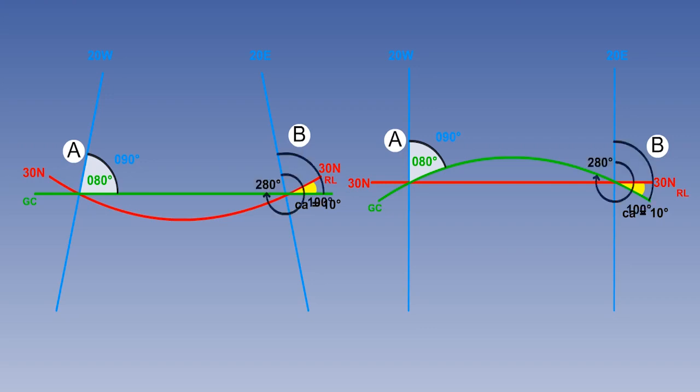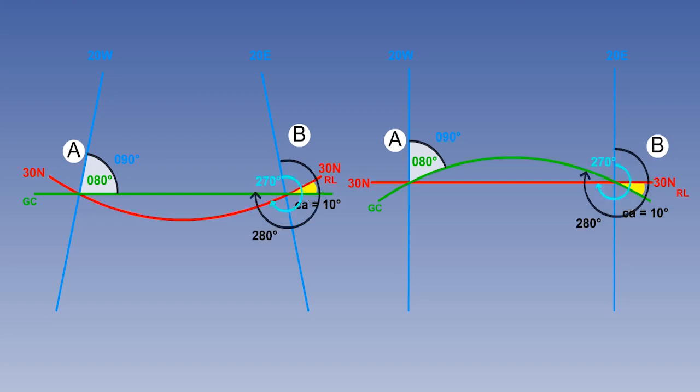If we take the reciprocal tracks from 20 east to 20 west, the track directions are 280 for the initial great circle track and 270 for the rhumb line. Again, the conversion angle is 10 degrees, exactly half the value of convergency. This gives us the formula for conversion angle.